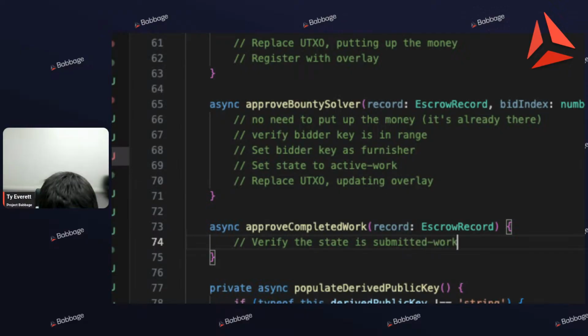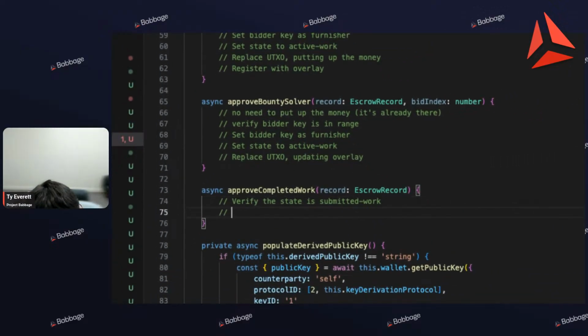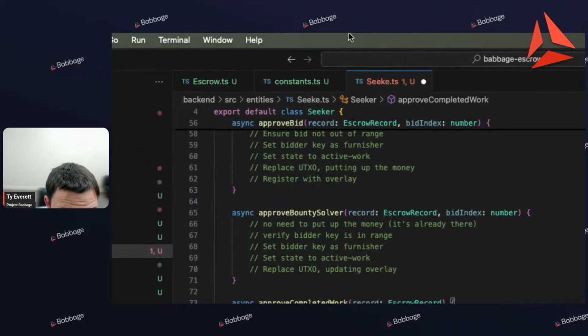So the state will actually be in submitted work already because the furnisher has marked it as submitted at this point. Actually, I don't think we need that additional state.